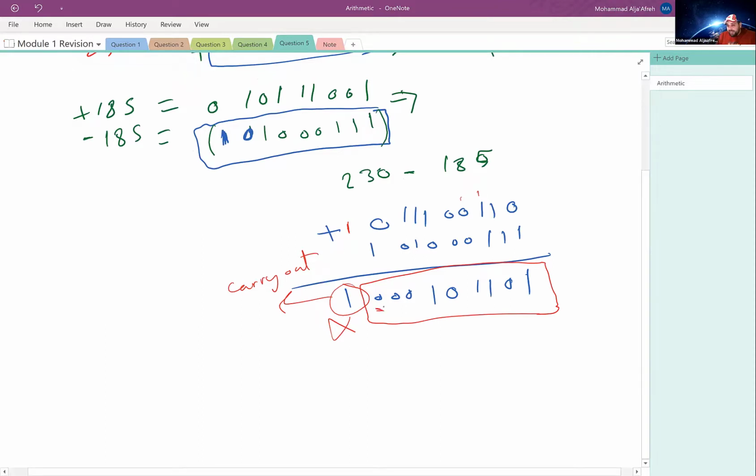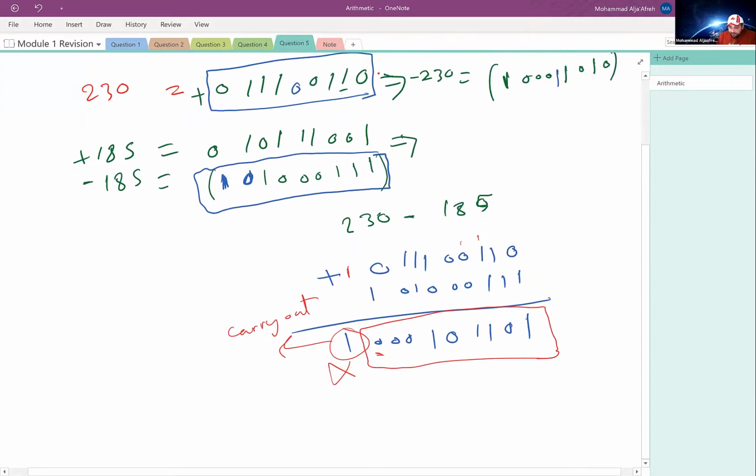So if I do the opposite, if I subtracted 185 from 230, the result will be negative. So what I have to do is to take the 2's complement in order to represent it, okay? So that will be equivalent to plus 45, okay?